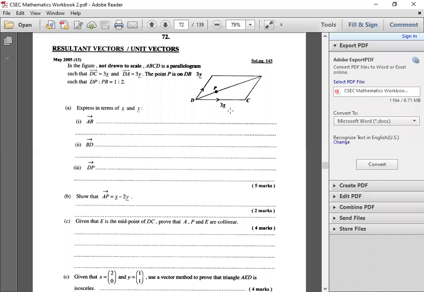Are you seeing the screen, everybody? Yes, sir. So that's the question that you're going to look at.